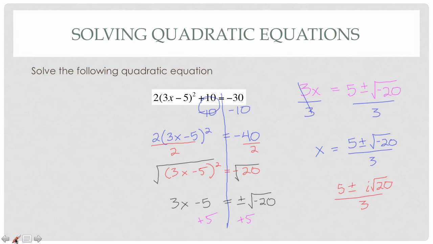And for the square root of 20, 4 is a factor of 20, so I can simplify it into 4 times 5, but I can square root the 4 to get 2i times the square root of 5, over 3, and we have 5 plus or minus that. So my two solutions, I have two complex solutions.